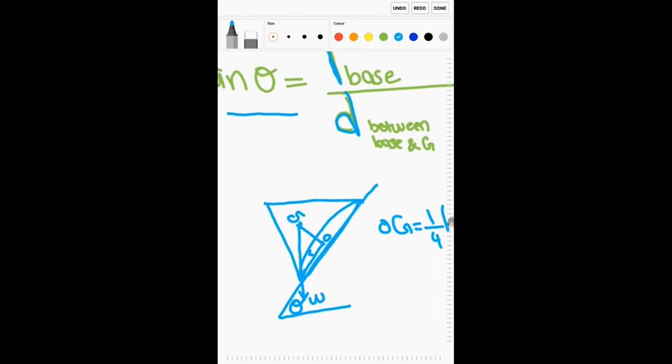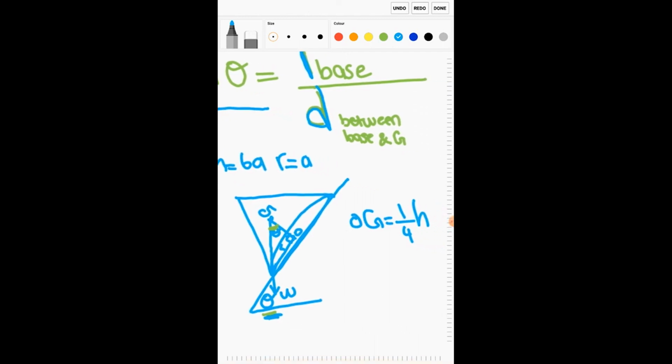To find theta, you need to keep in mind that this angle is equal to theta. This angle here is theta. It's equal to this. These two are the same. And this is a right angle, this is 90. So to find theta, let's say they told you the height is 6a and the radius is a. Okay, so let's find OG.